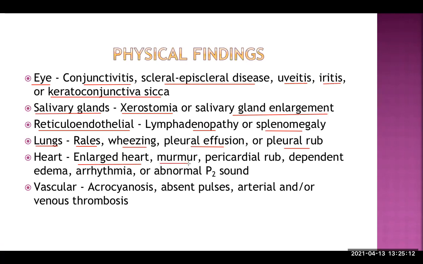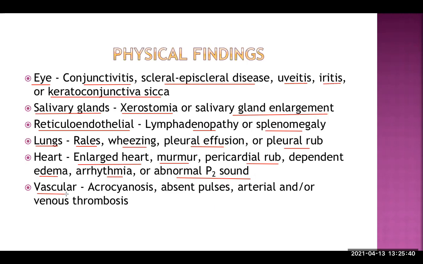There may be a murmur, there may be a pericardial rub, there may be edema as a result of heart failure, arrhythmia, or sometimes even an abnormal P2 sound. This is the second component of the second heart sound. The second heart sound has two components, A2 and P2. So abnormal P2 occurs because of pulmonary hypertension, meaning a loud P2 may be there.